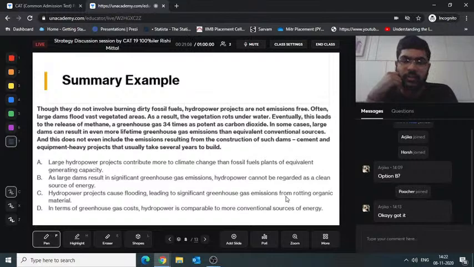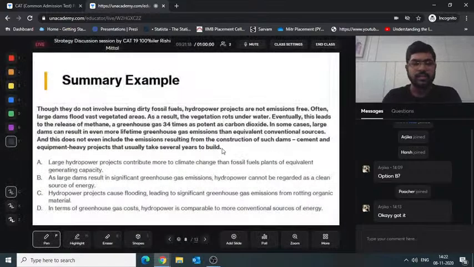So the above part is only about the functioning or the flooding part of the hydropower project. They are not talking about the emission from the construction part, cement and equipment, heavy projects that usually take several years to build. So the last line very clearly tells me that they're talking about the functioning and the emissions that they are producing and not the construction part.